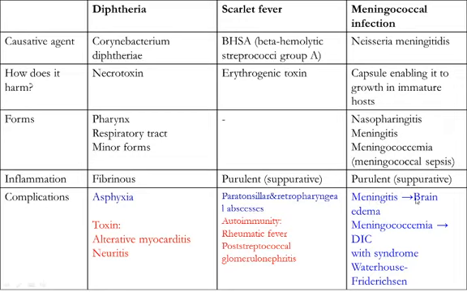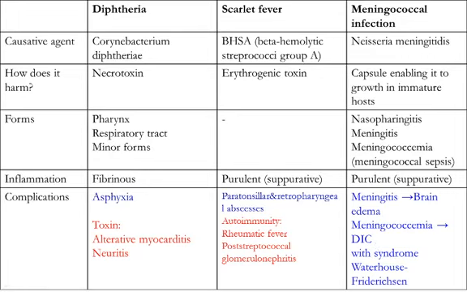Complications: meningitis with brain edema, meningococcemia with disseminated intravascular coagulation, and Waterhouse-Friderichsen syndrome. Let's look at this again. Meningococcemia, the growth of bacteria, where? In blood, inducing disseminated coagulation, disseminated thrombi all over our small vessels.